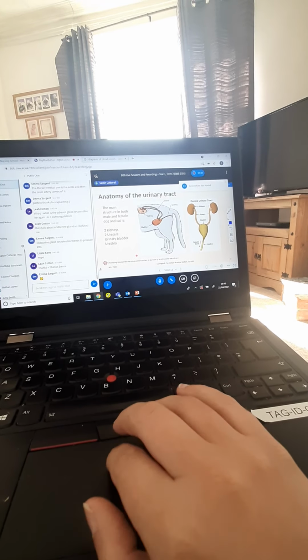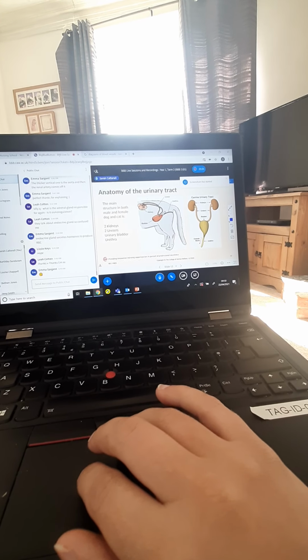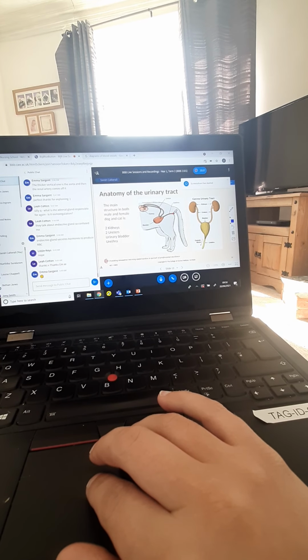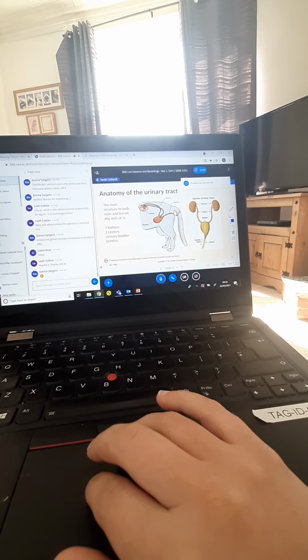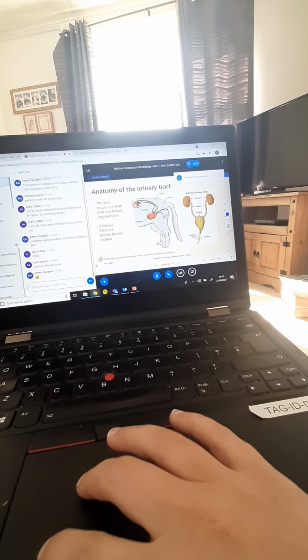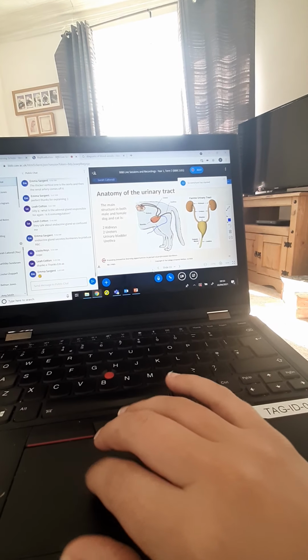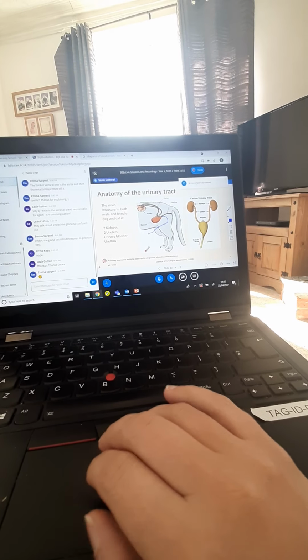So for example, the urethra in the cat, male, exits here, whereas the urethra in the dog male does this. Out the penis there. The urethras are different lengths, male, female, dog, cat, and that's why urinary problems are more common in male cats than they are in female cats.